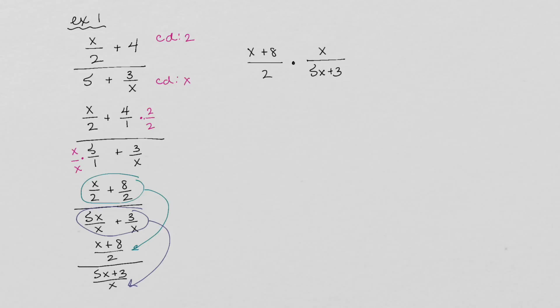And when we multiply, we get x times x plus 8 over 2 times 5x plus 3. That is our answer.